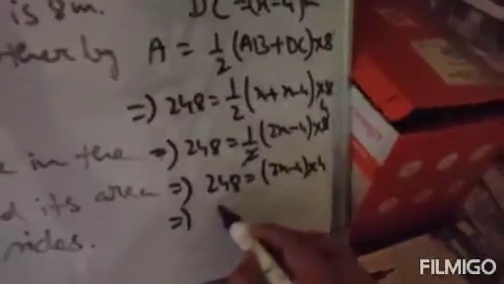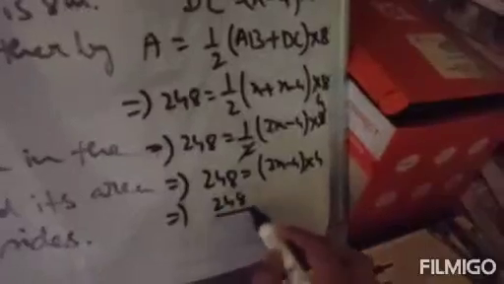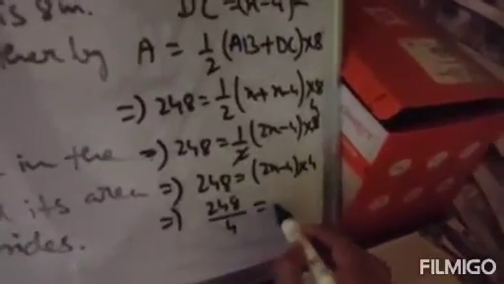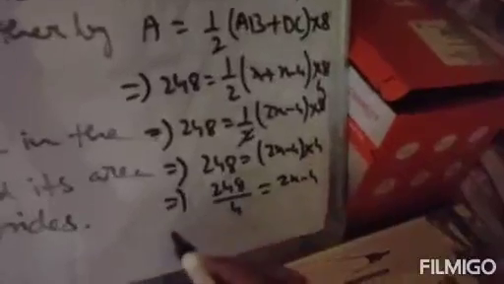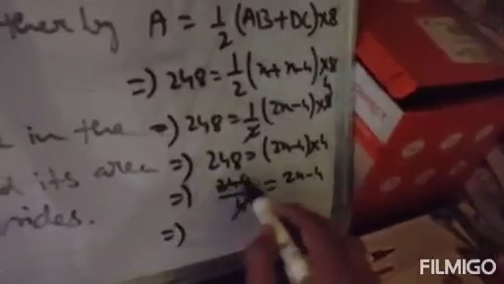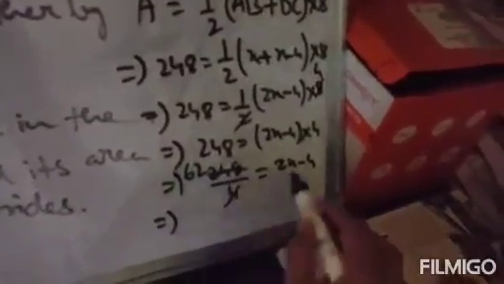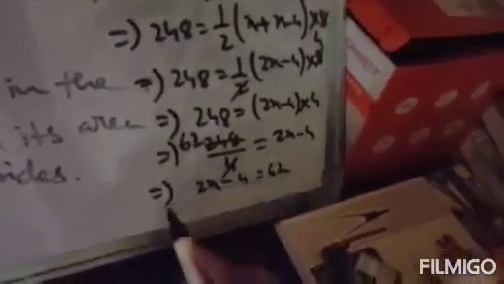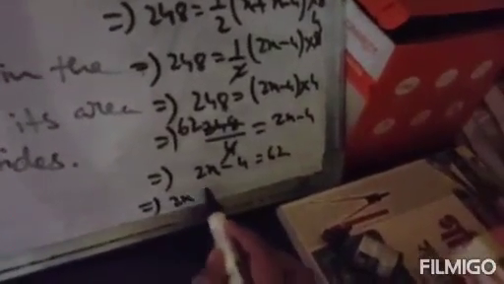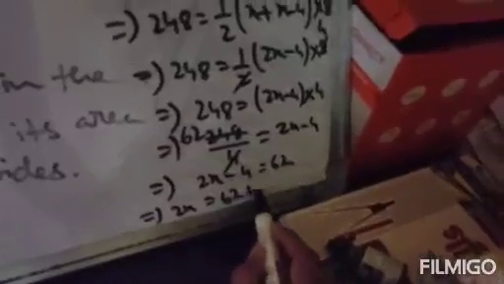So 248 will be divided by 4. If you exchange the side, 4 will be here, so 2x minus 4. Now reduce, 4 6s are 24, 4 2s are 8, that means 2x minus 4 will be equal to 62, that means 2x equals 62 plus 4.